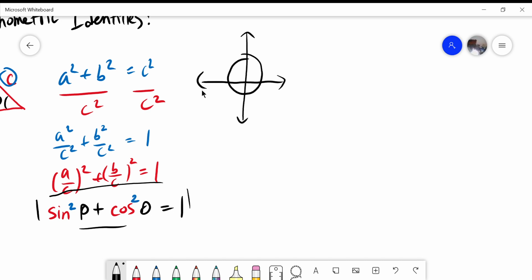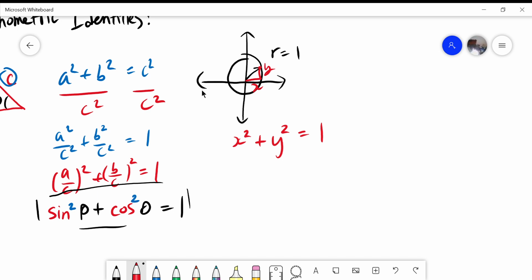Ignore the bad drawing, but the radius of this circle r equals 1. And we know that the equation of a circle is x squared plus y squared equals 1, where this point is x and that is y. And that's actually the Pythagorean theorem, but it's also the equation of a circle.